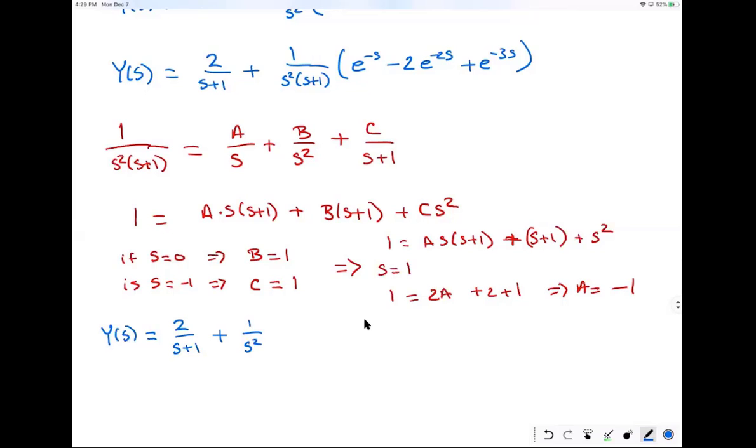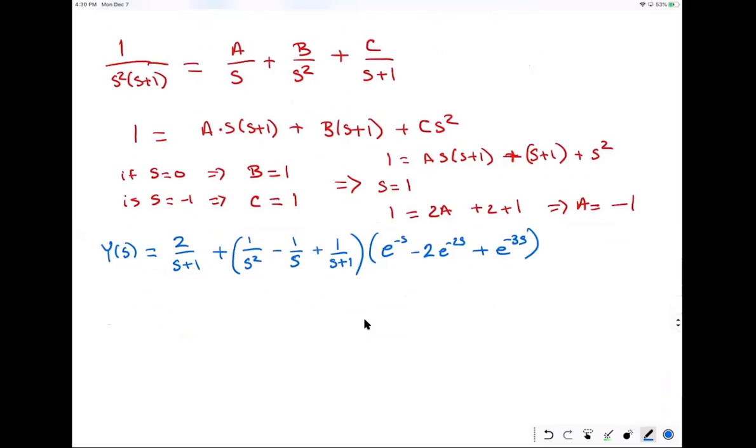That was B. And then minus 1 over s. That was A. And then plus 1 over s plus 1. That's the decomposition. This part then needs to be multiplied by e to the minus s minus 2 times e to the minus 2s plus e to the minus 3s, like that.